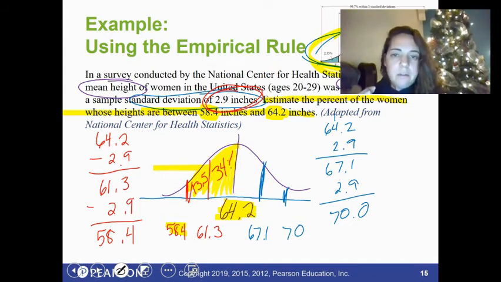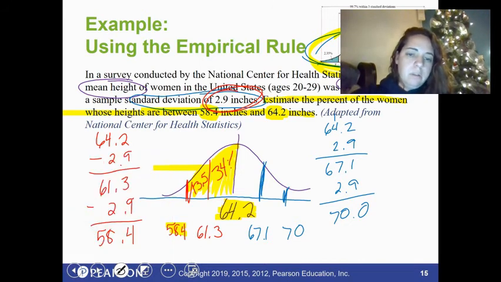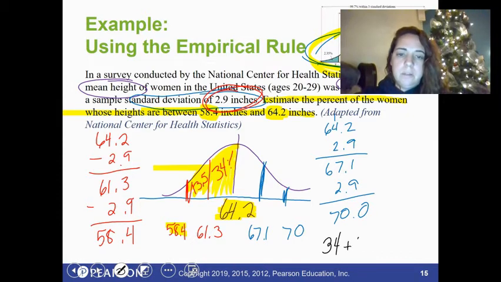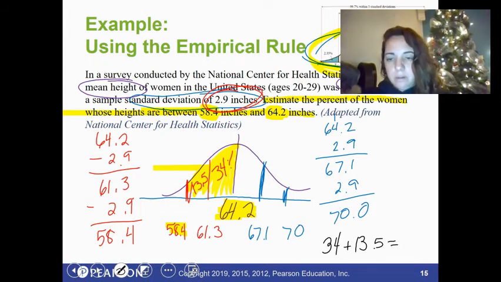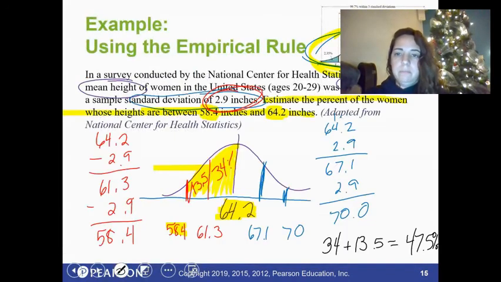So I just have to add both of those together. 34 plus 13.5, which is about 47.5. 47.5%.